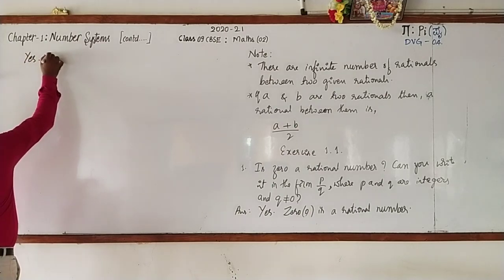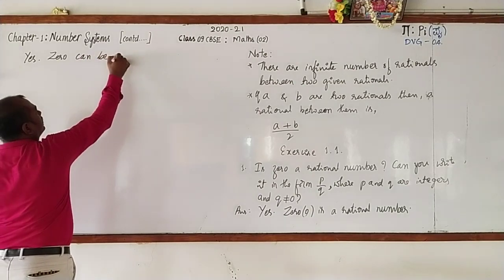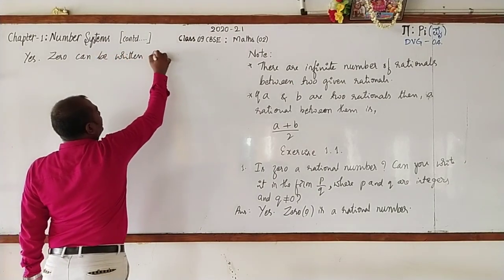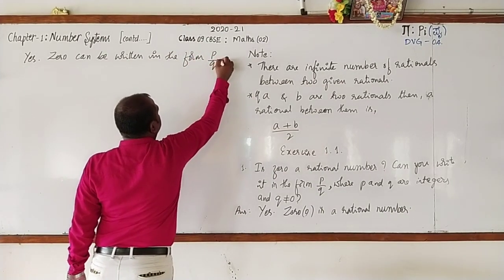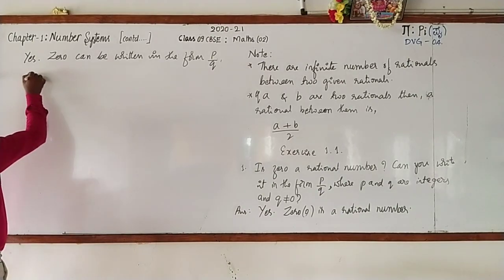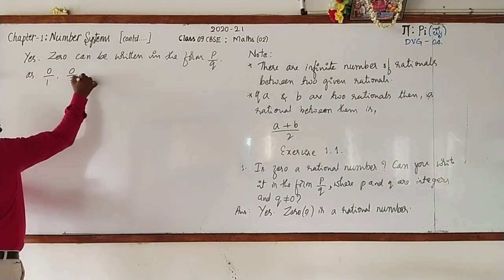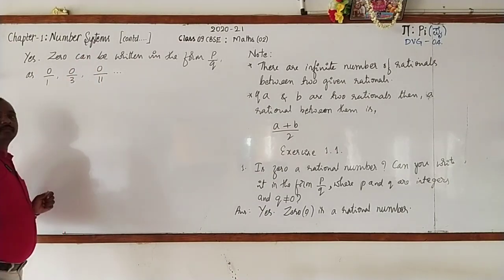Yes. 0 can be written in the form P by Q as 0 by 1, 0 by 3, 0 by 11 and so on. Clear?